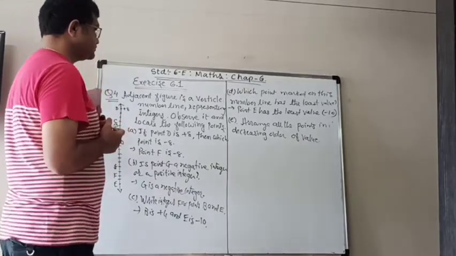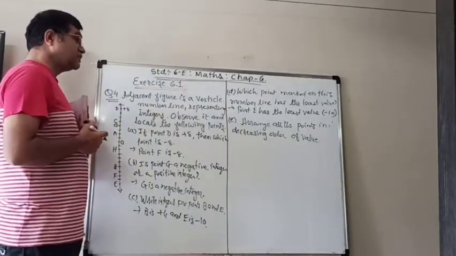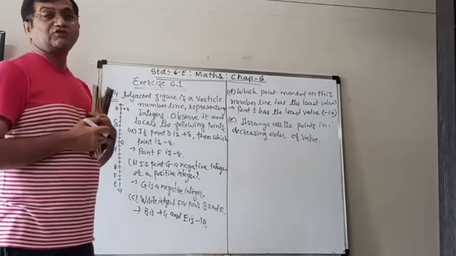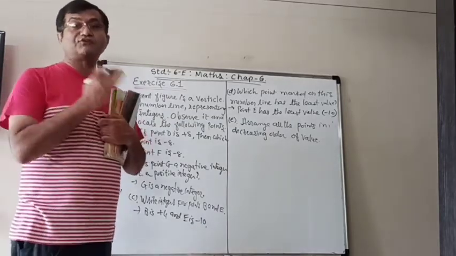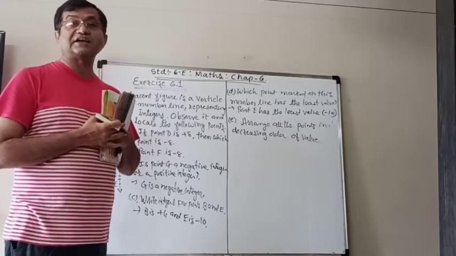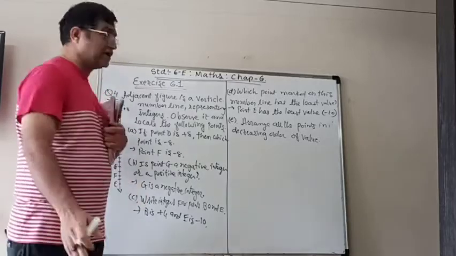So here, decreasing value means that the point with the highest value should be first, then others are less than it, and the least value will be at last.